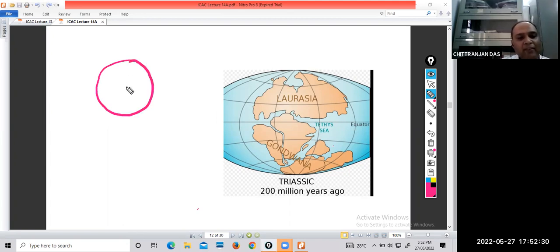एक single landmass था. ठीक है, जिसको हम कहते हैं पैंजिया, and it was surrounded by water. It was surrounded by what? It was surrounded by water. पैंजिया was surrounded by water, और उसको हम कहेंगे सी, a sea, and that sea is called as Panthalassa.